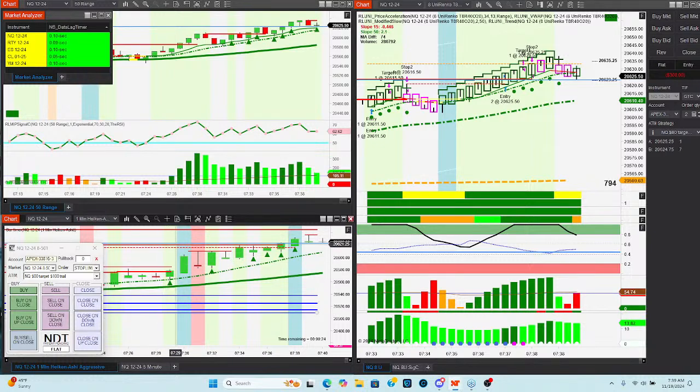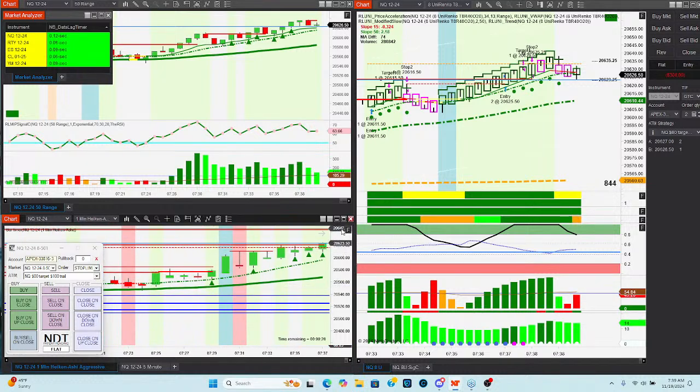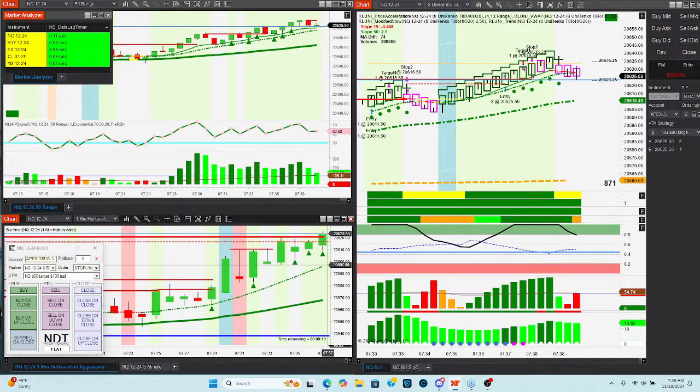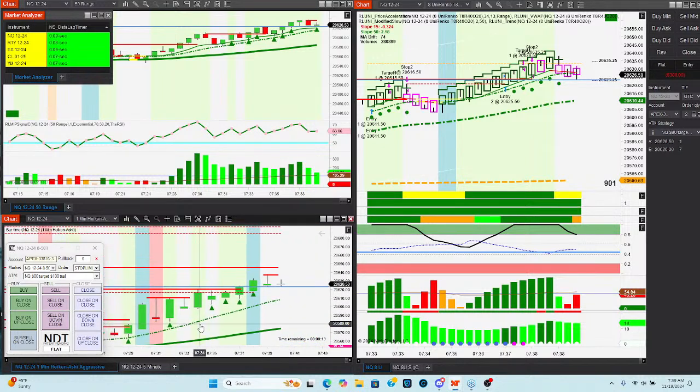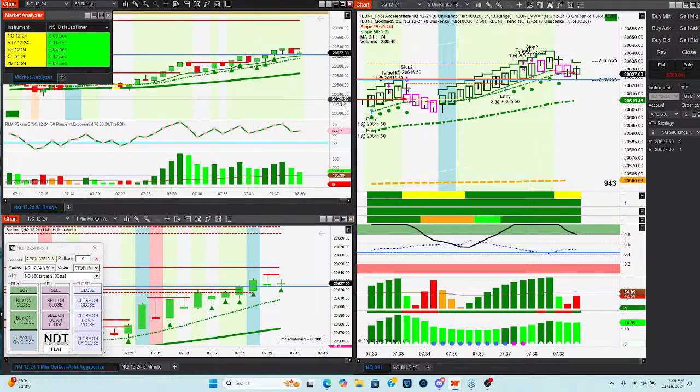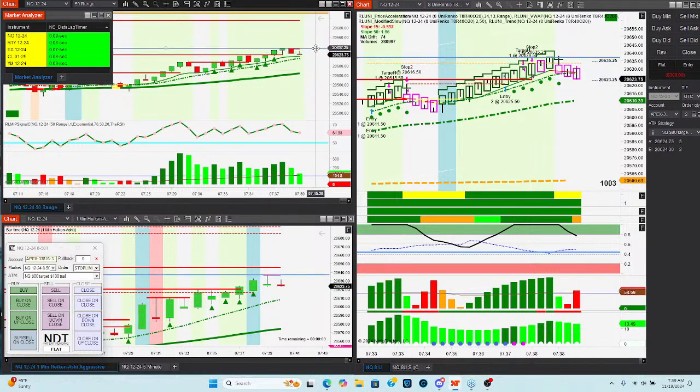Come on. Well, it's going up, but it's going up ugly. Now this is pushing down.